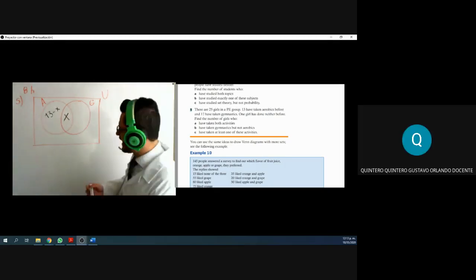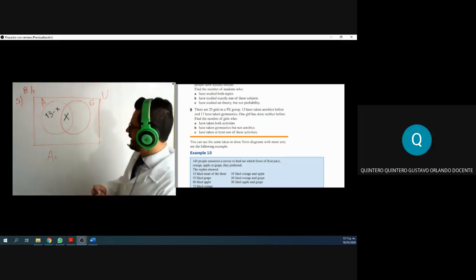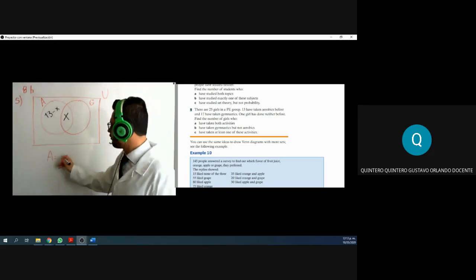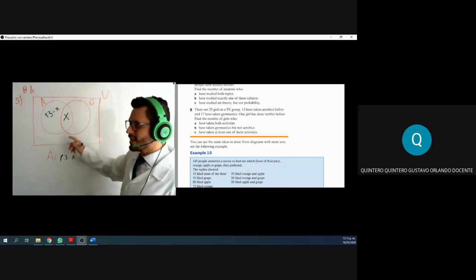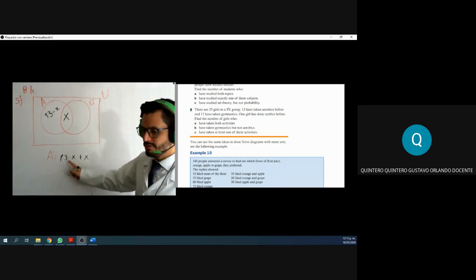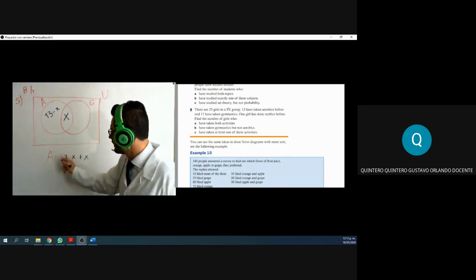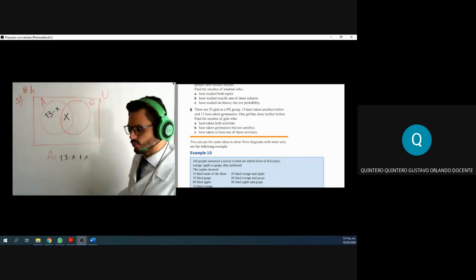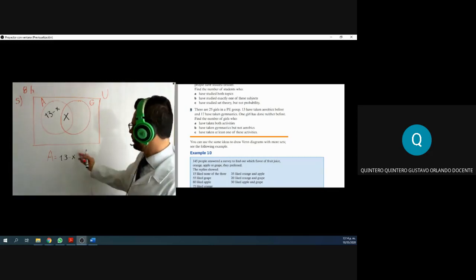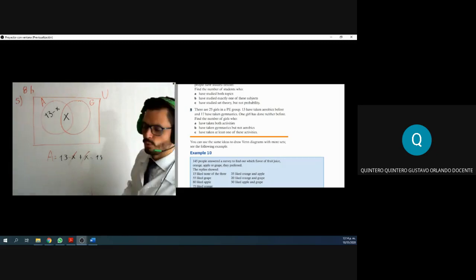What I'm saying is that the people in aerobics will be the ones who only study aerobics, which are 13 minus X, plus the ones who study both. 13 minus X plus X. Inside the circle, we have 13. These ones plus these ones, and since we all know how to add these things, the X's will cancel, and we have a total of 13.